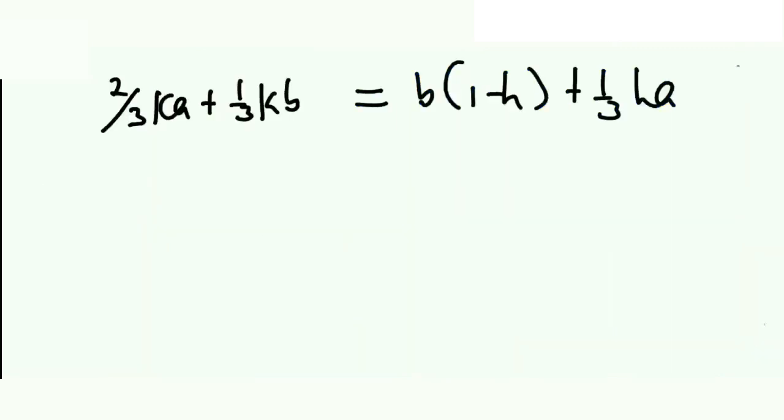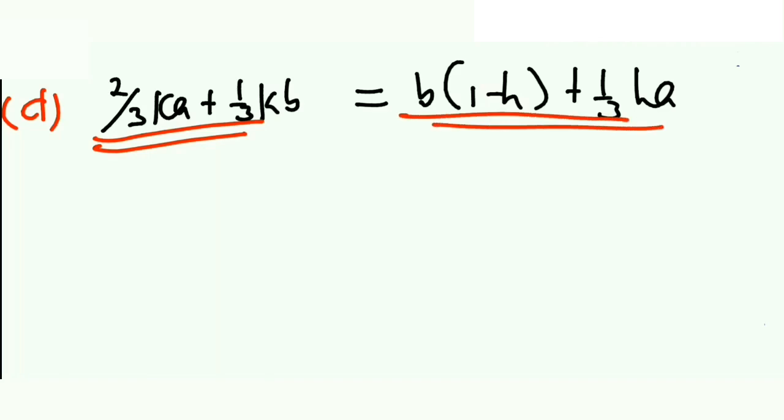Next question, question D. Use the results from B and from C part 2 to find the value of H and K. This is the result from question B. This is the result from C part 2.